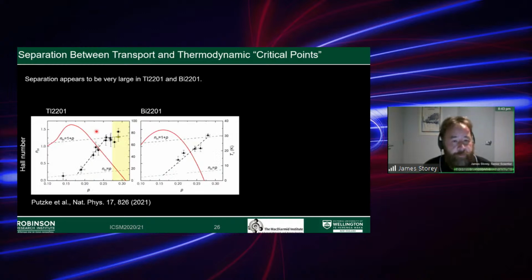This becomes very interesting because of more recent work done by the team at Bristol, who report high field Hall number measurements for thallium-2201 and bismuth-2201. Note that the change in Hall number appears at a much higher doping than traditionally seen for the pseudogap, around 0.2. And in bismuth-2201, it's particularly high, corresponding to the edge of the TC dome.